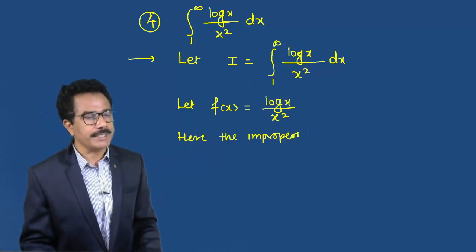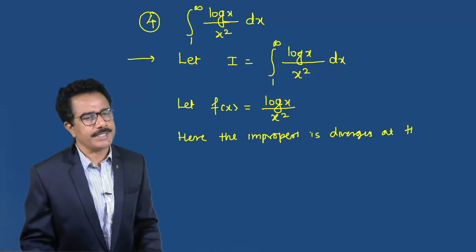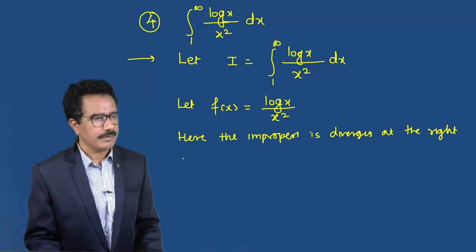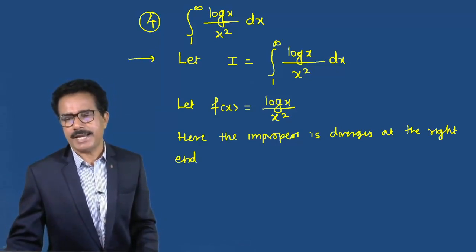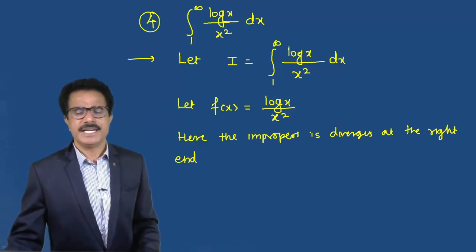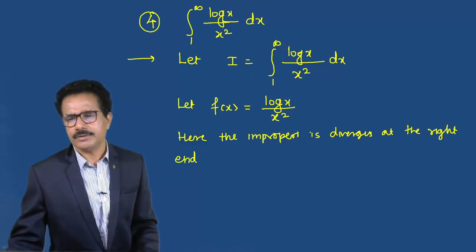Here the improper integral diverges at the right end. See this, it has an infinite value.